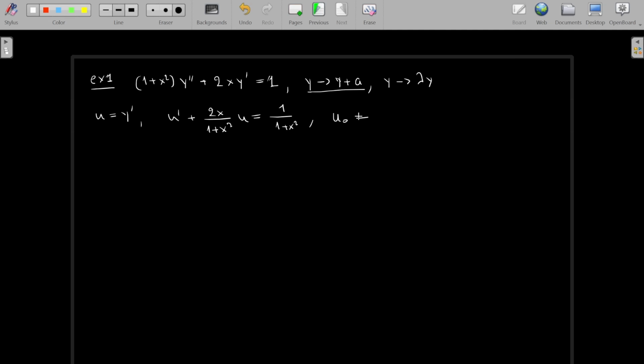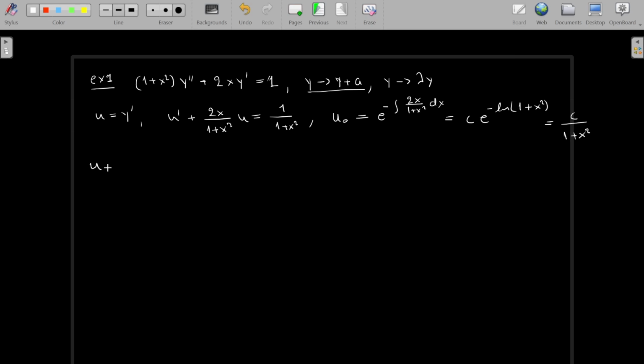u naught is equal to e to the minus integral of p, which is this. So 2x over 1 plus x squared dx, which is equal to a constant e to the minus ln of 1 plus x squared, which is nothing more than 1 over 1 plus x squared.